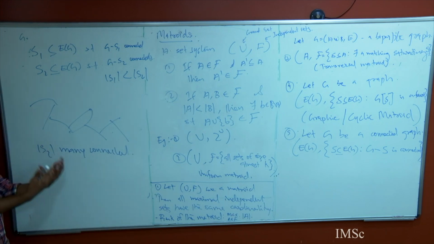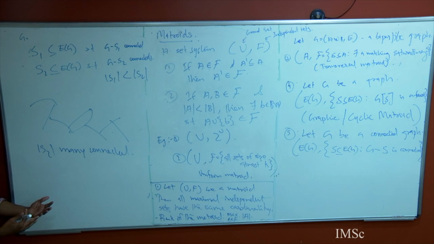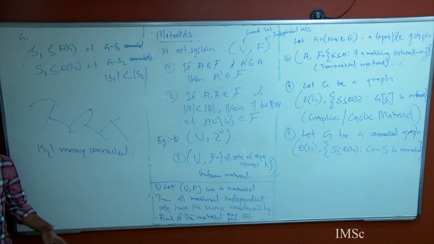And what is this graph? So I started with G minus S1 and I deleted the edges in S2, okay, and I got a graph, and that graph is G minus S1 minus S2, and that has at least mod S2 connected components, right?